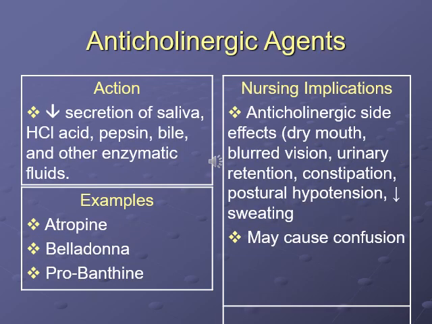So the anticholinergics will decrease hydrochloric acid by blocking the release of acetylcholine, and acetylcholine normally stimulates HCl, so that's how we're blocking and reducing the HCl acid. I think the biggest thing here is just to refresh on those anticholinergic side effects, and we did talk about them quite a bit in the mental health area with our antipsychotics and antidepressants.